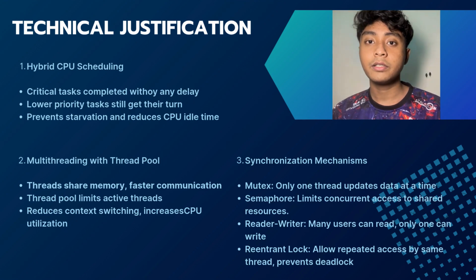Mutex locks ensure only one thread updates the parking database at a time to maintain data integrity, while semaphores control access to shared resources like sensors to prevent overload. Reader-writer locks allow many users to check parking availability at once, but restrict writing to one thread, and reentrant locks allow safe repeated access by the same threads, preventing deadlocks.